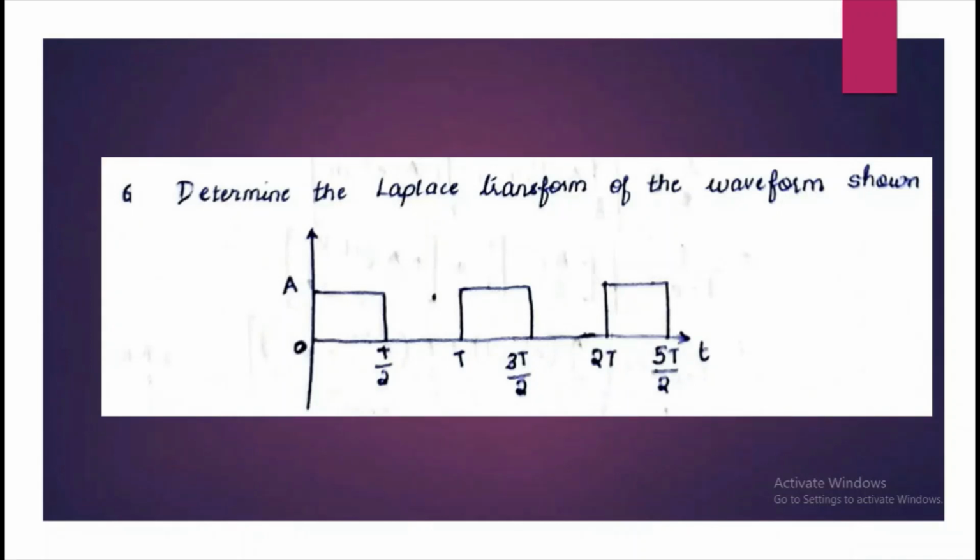Let's first find the Laplace transform of this set of pulses which repeats itself at a time period capital T. Up to T by 2, the amplitude is A, and from T by 2 to T, the amplitude is 0.